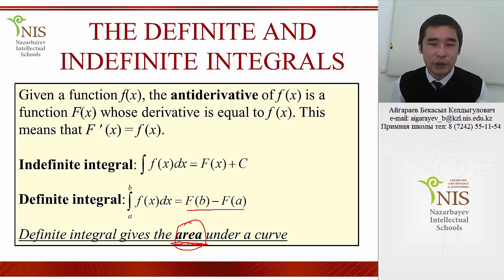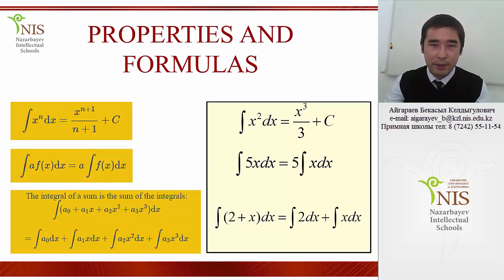Now let's continue our lesson. To be able to solve our integrals, we have to recall some properties and formulas. For x to the power of n, if we integrate it, we get x to the power of n plus 1 divided by n plus 1, plus an integration constant.